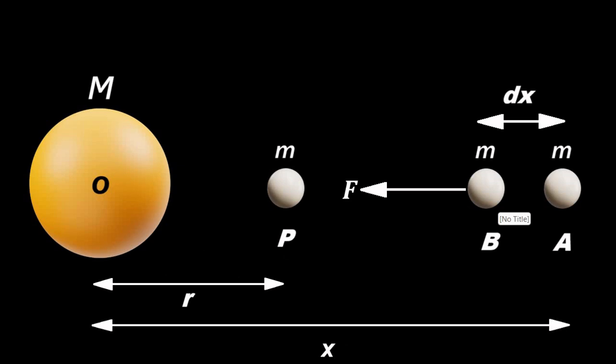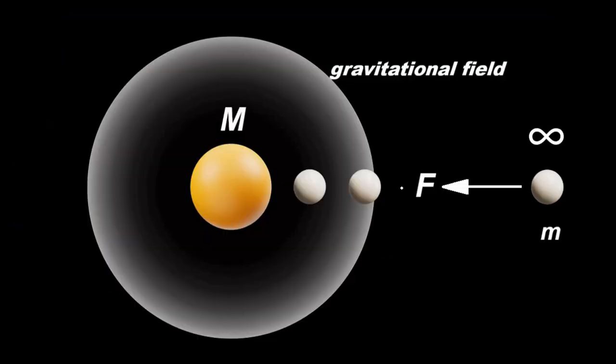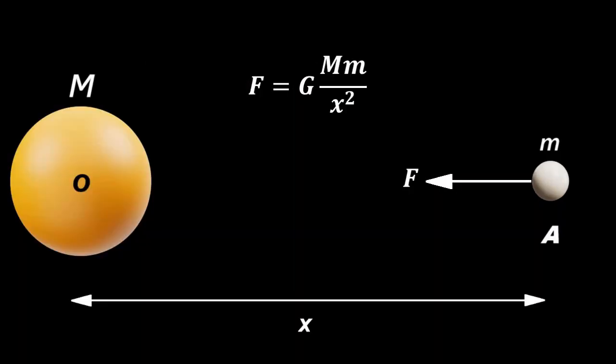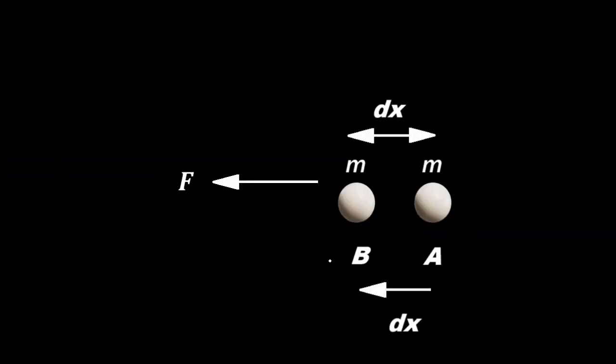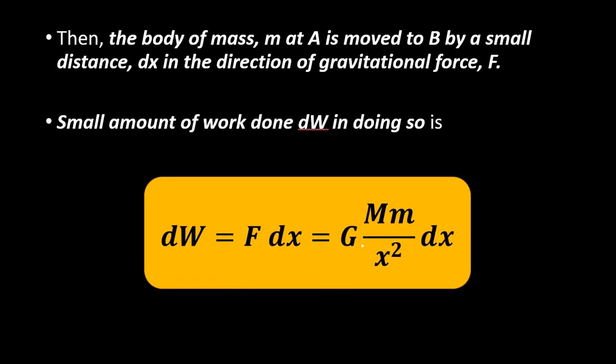So if we start from the beginning, initially the object was at infinity. Then it entered the gravitational field and experienced a gravitational force. Then it changed position from A to B through a small displacement dx. The gravitational force is this much, and the small amount of work dW in causing displacement dx is equal to this much.